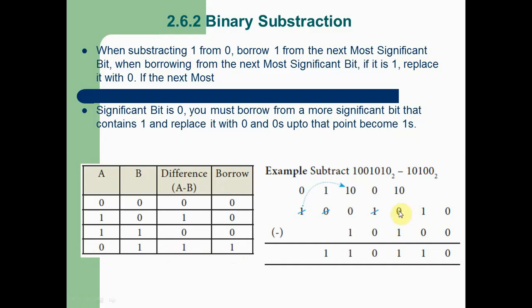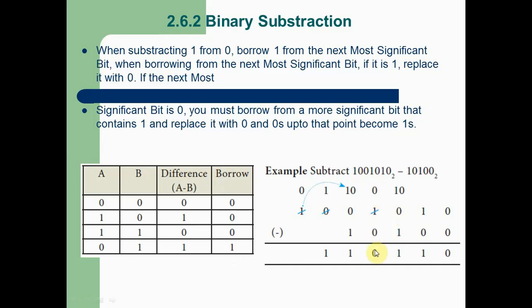So the output will be 1. When we borrow 1 from this bit, this bit is converted into 0. So now the current value is 0.